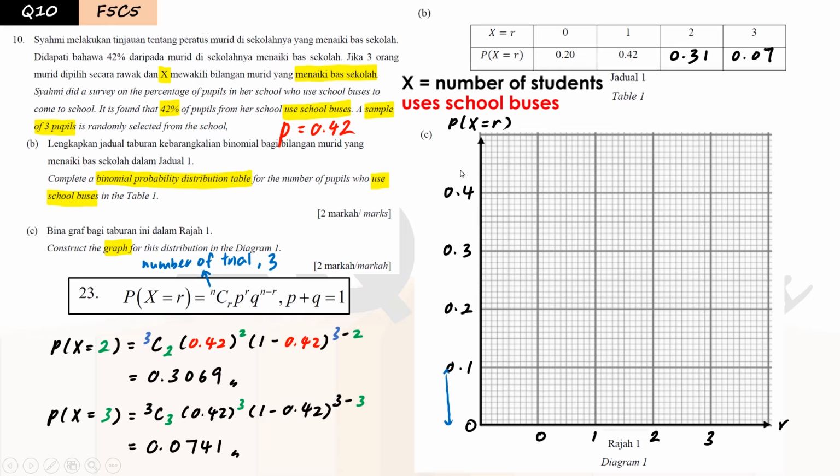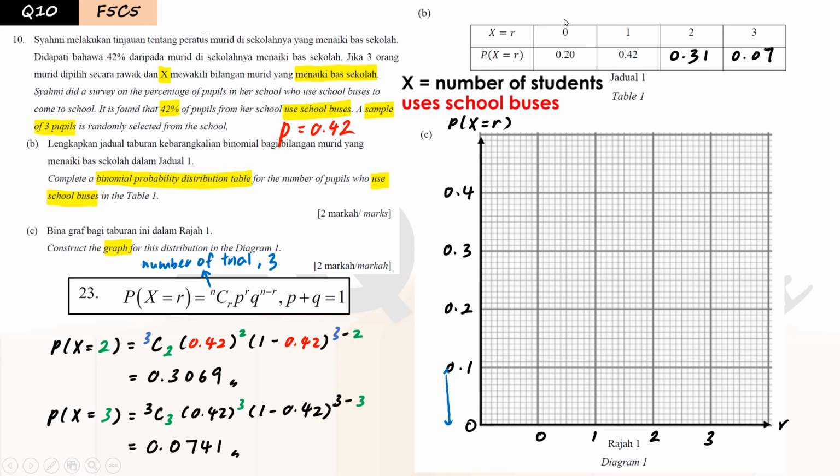Let me double check whether the 4 values here can be plotted here. Would the labels be too big or too small? So 0.42 would be slightly above 0.4, so it will be somewhere here. So I think we are good to go. These labels are okay, the scale of the labels is okay. Now let us plot the points onto this diagram.